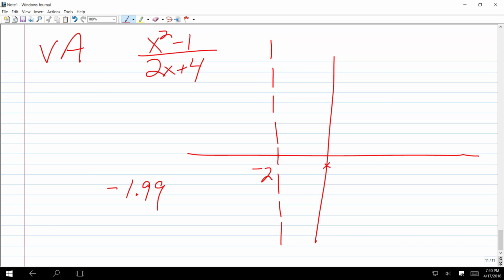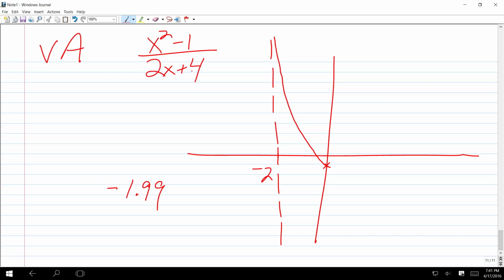So that point's on there. Clearly we're going to infinity as x approaches -2 from the right, because the numerator is -2 squared minus 1, that's a 3. The denominator is 0, so we're going to infinity.